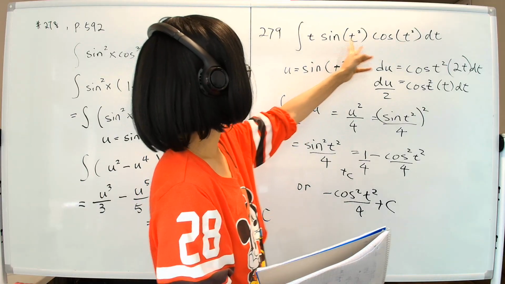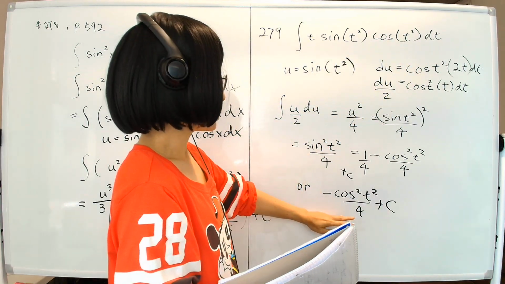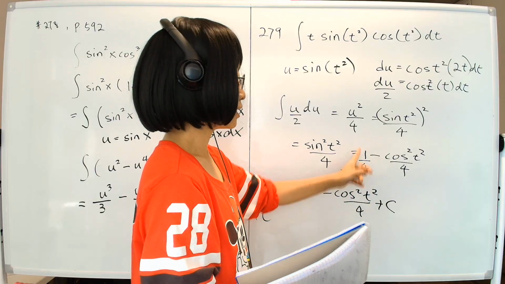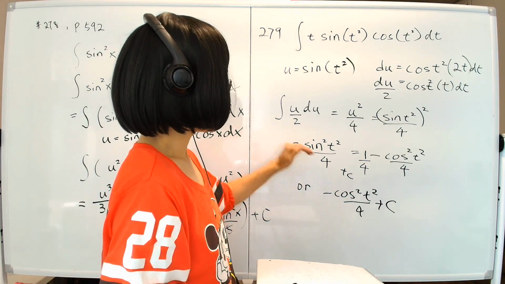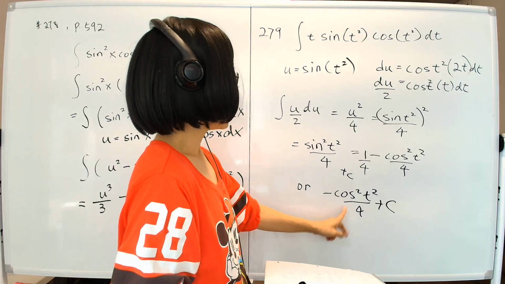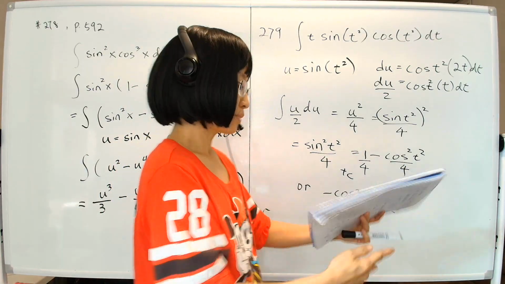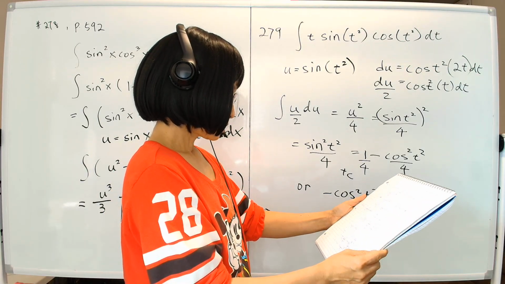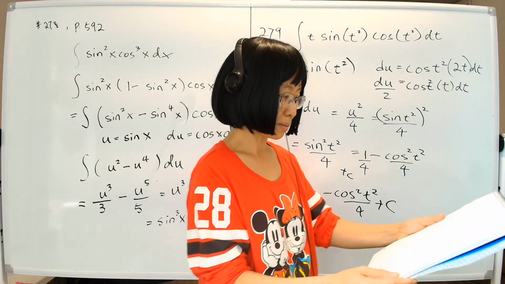Yeah, they must have taken u to be cosine. That will give you this answer, but this answer is the same as that answer because the constant doesn't matter. We can add any constant. So these two functions are within a constant of each other because of the Pythagoras theorem and trigonometry. So that's that. Okay, so let's look at the next problem.